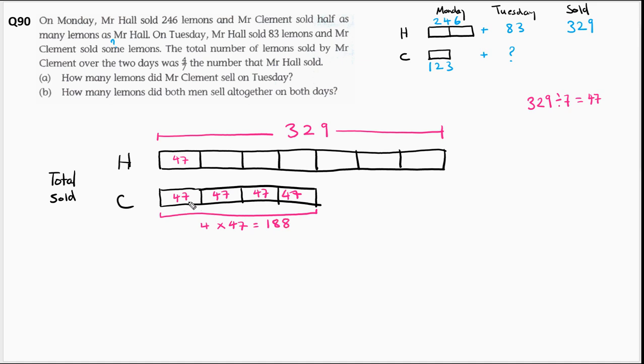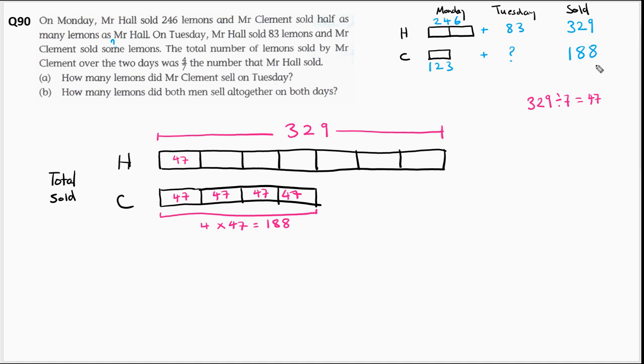So we now know the total number of lemons that Mr. Clement sold. So we can put that in here now, 188. And we're doing that because actually this is one of our questions. How many lemons did Mr. Clement sell on Tuesday?